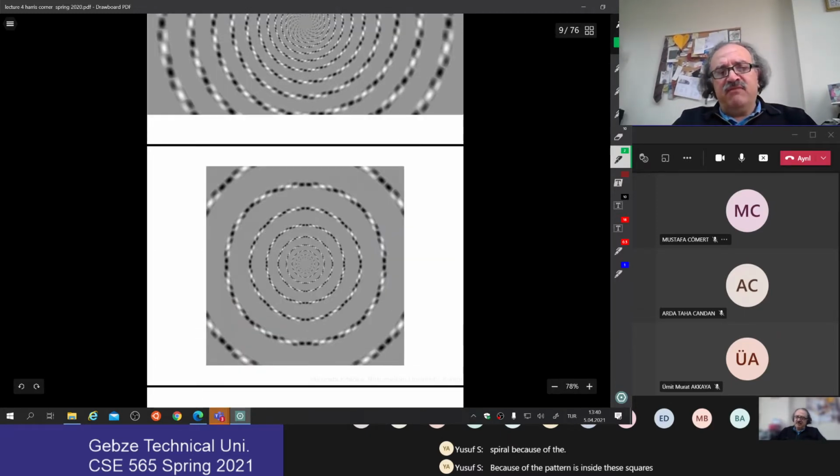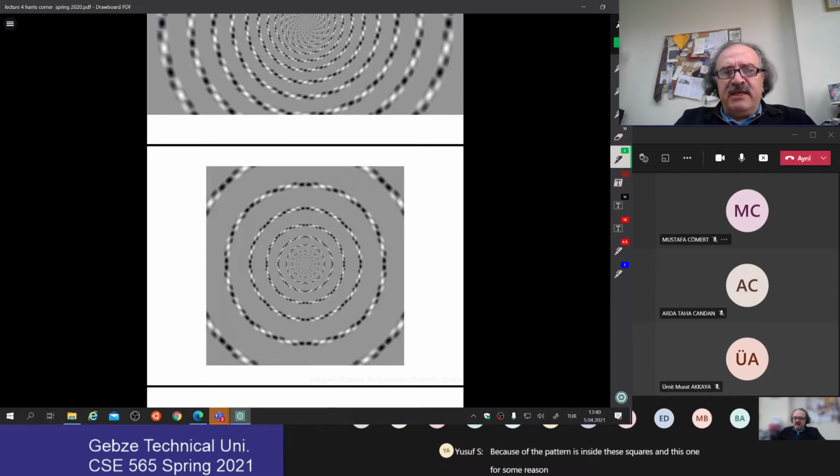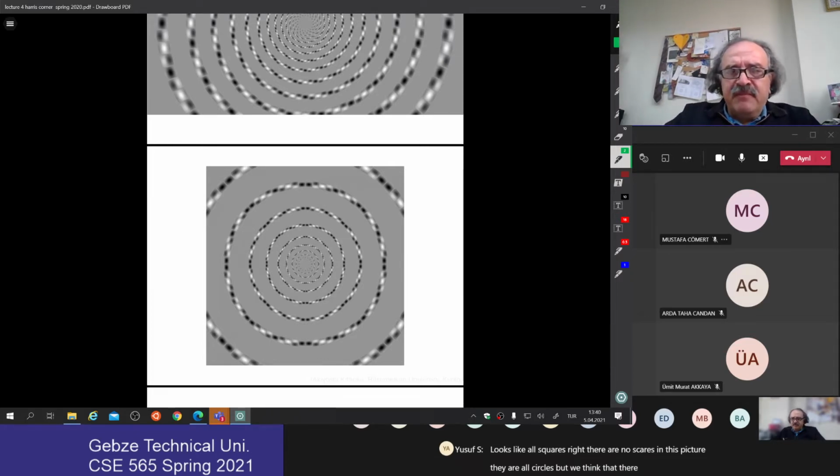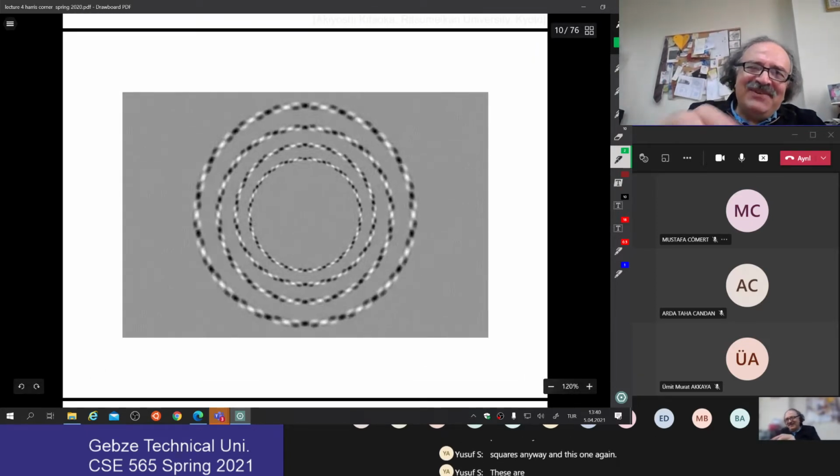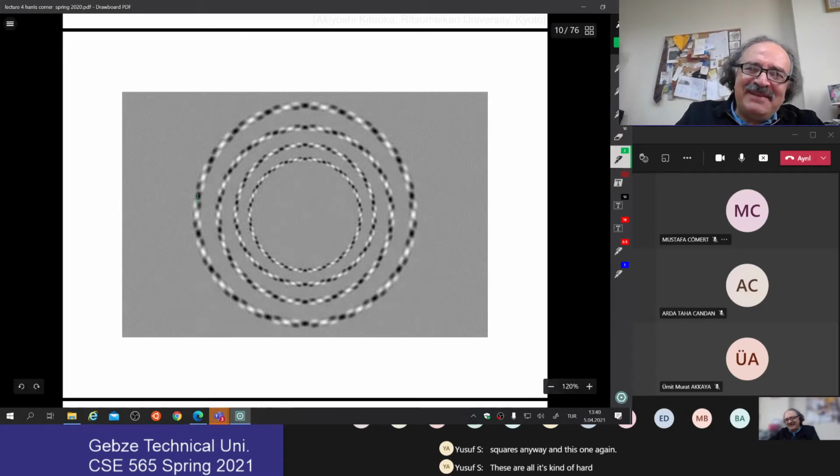And this one, for some reason, looks like all squares, right? There are no squares in this picture. They are all circles, but we think that they are squares. Anyway, and this one again, it's kind of hard to believe, but yeah, these are all circles.